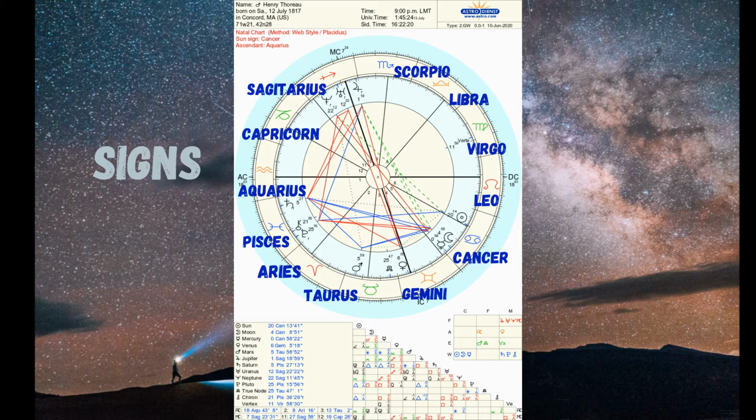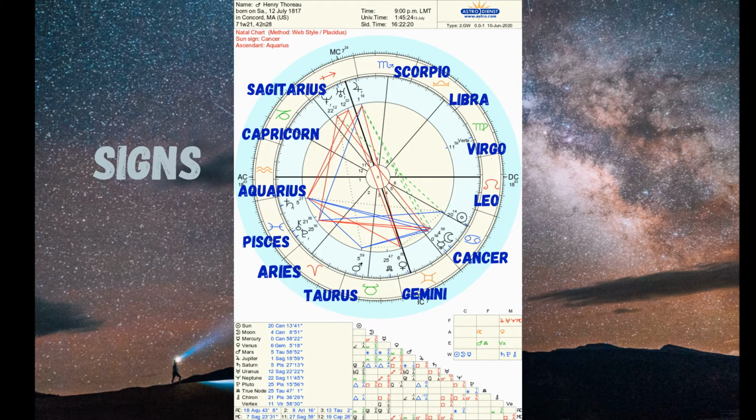So there are 12 signs around the outside of the circle. Those are the things that you're probably used to hearing if you're new to this. When people talk about astrology, people identify with being told that they are a certain sign. It's much more complex than that, and that is what we're going to be learning about.